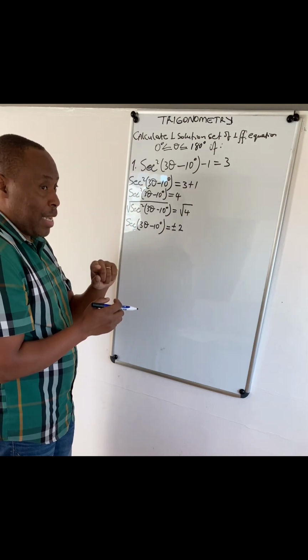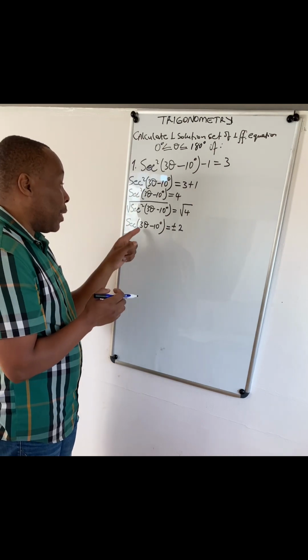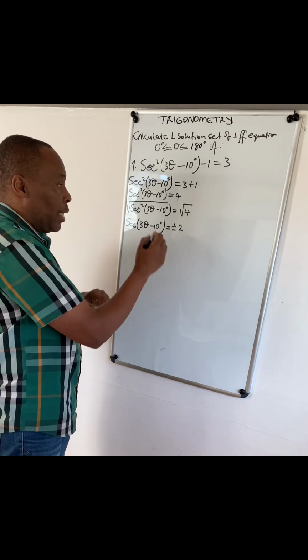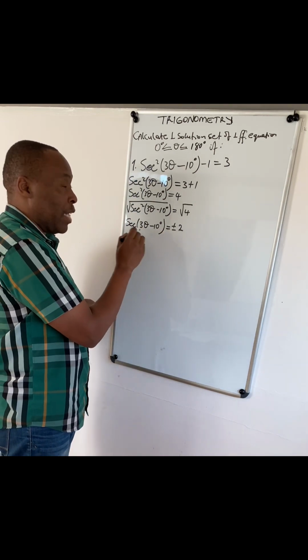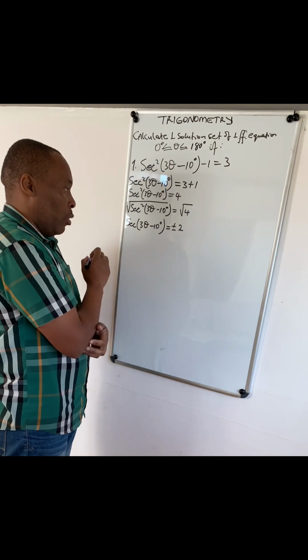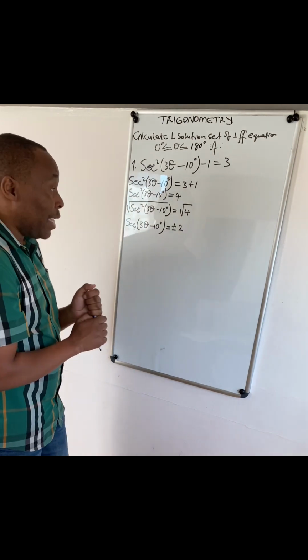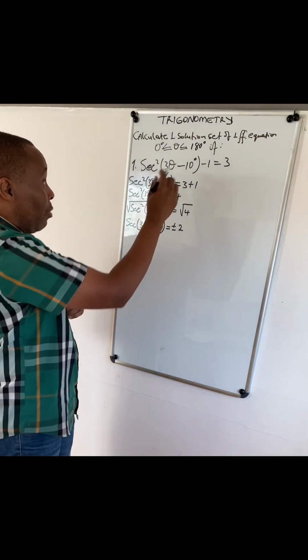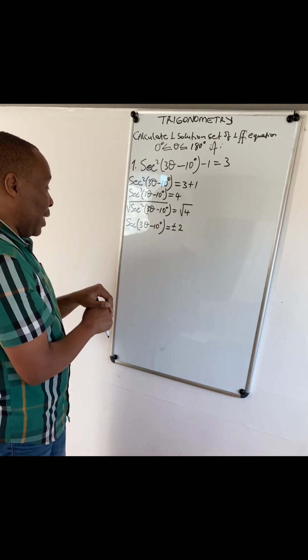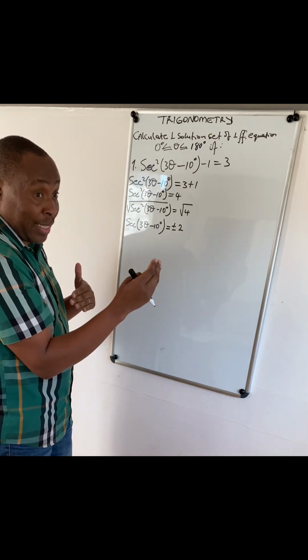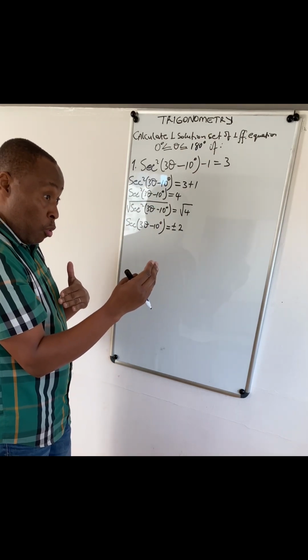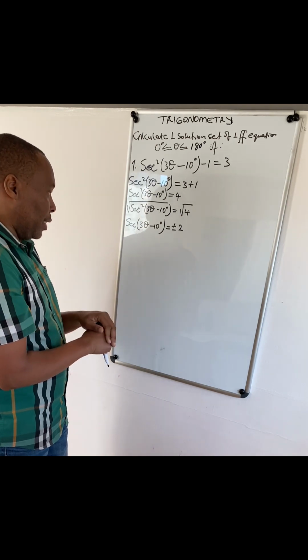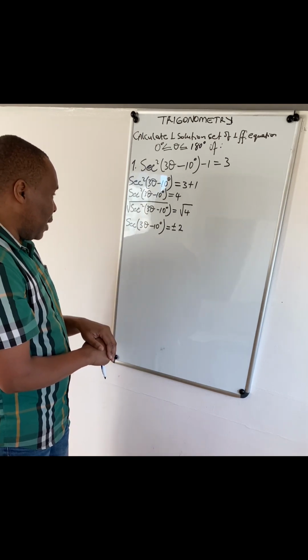But this tells us all quadrants, but the thetas are 3. So by covering all quadrants, you've already done 2. You will be left with 1. But let's work at it and see what we get. And our restriction is 180. We can't go beyond 180, nor can we go below 0 degrees. Right, so this is what we have.